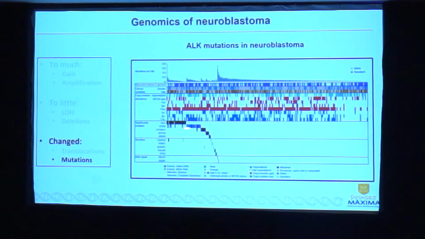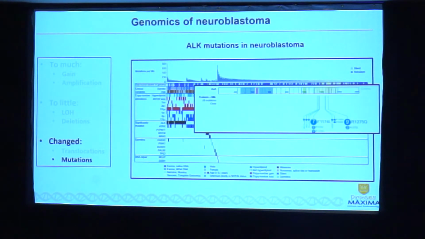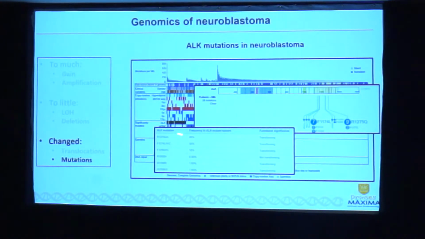We've got ATRX here, which we just talked about, but those are structural variations, and the only mutation which occurs quite frequently, about 9 to 10% in neuroblastoma, is the mutation in ALK, which we know, and these mutations occur in the active domain, kinase domain of ALK, and there's two hotspots, the 1275 and the 1174, that are mutated most frequently. There's other mutations occurring as well with low frequency.